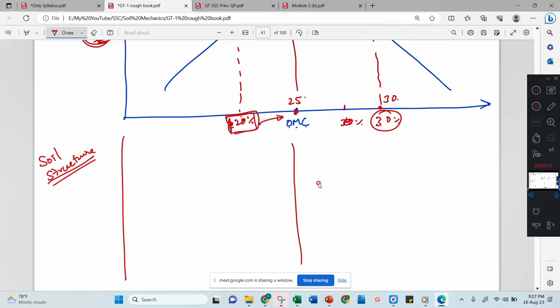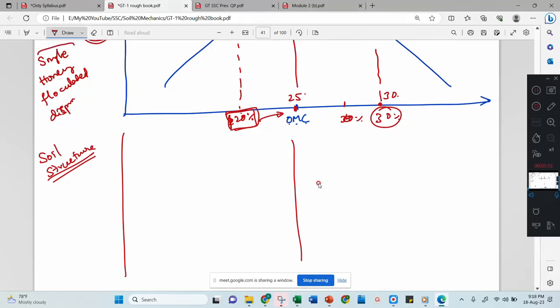The first one is single grain soil structure, then honeycomb soil structure, flocculated soil structure, and dispersed soil structure. Single grained and honeycomb soil structures belong to sand and gravel.